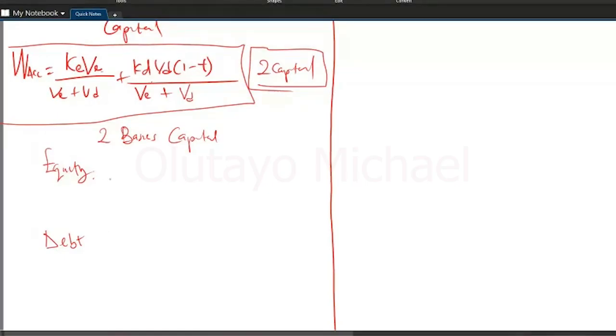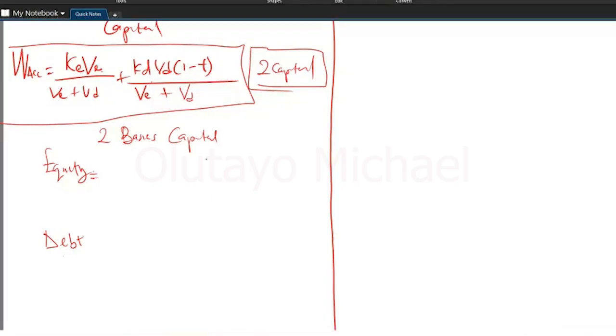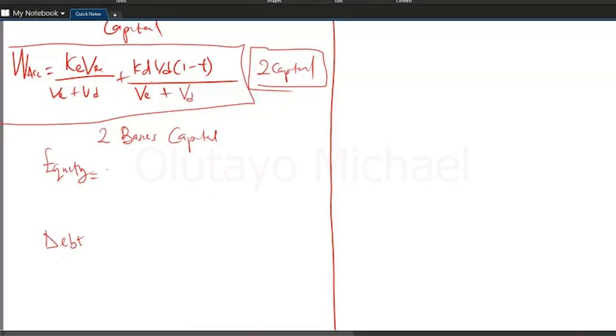Equity is just shares, ordinary shares. And we also have debt. But for equity, if you want to calculate the cost we incur on equity, what do we pay equity providers, who are referred to as shareholders? We pay them dividend. So the dividend we pay them is their return.